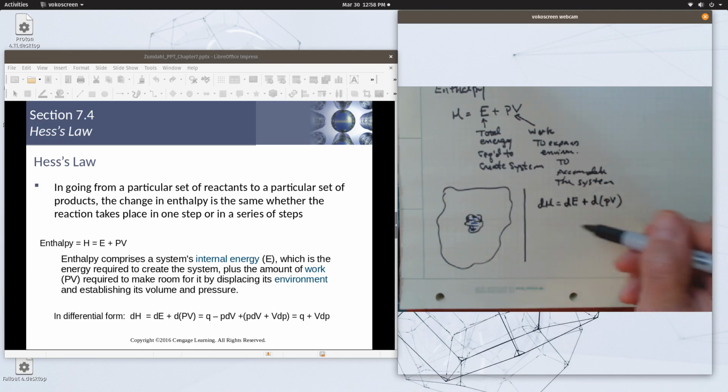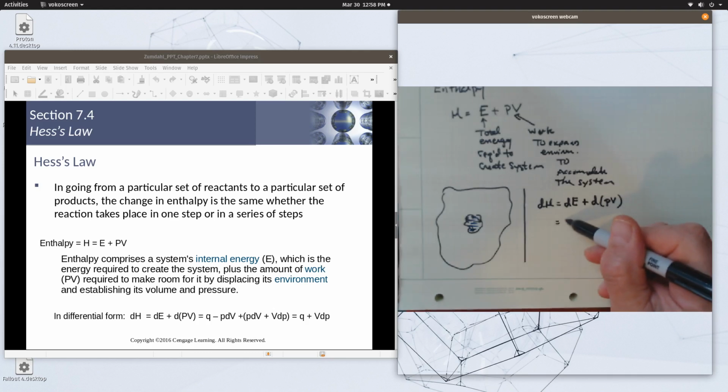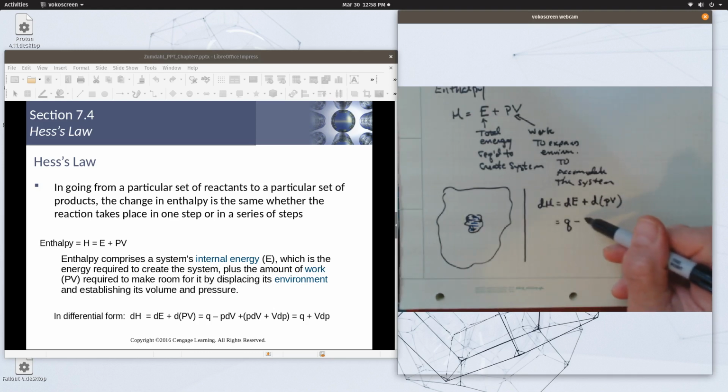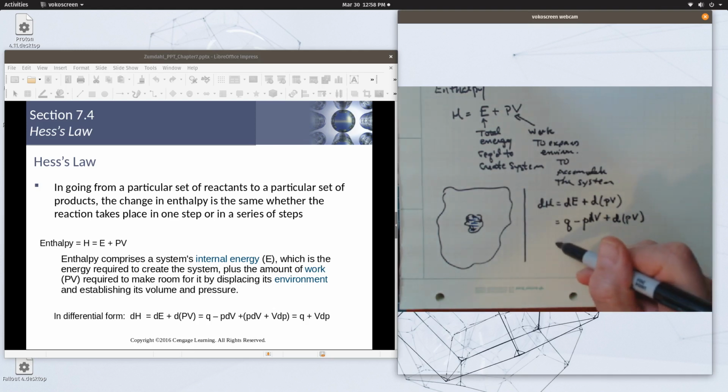Okay. Now again, we use our definitions from before: dE is heat minus P dV. Now we're going to add plus d(PV), and now let's work this out correctly. Q minus P dV plus P dV plus V dP.